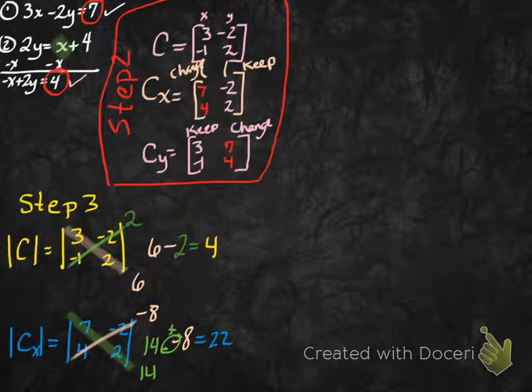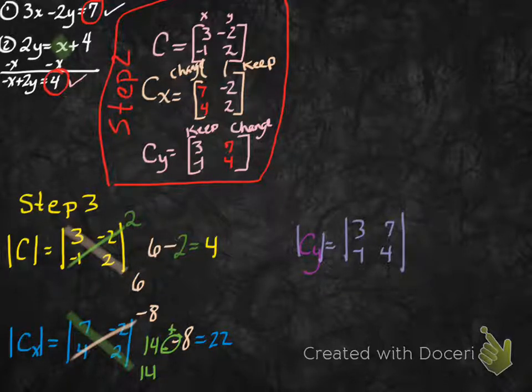Now my last one I have to work with is my C sub y. The discriminant of C sub y is 3, -1, 7, and 4.